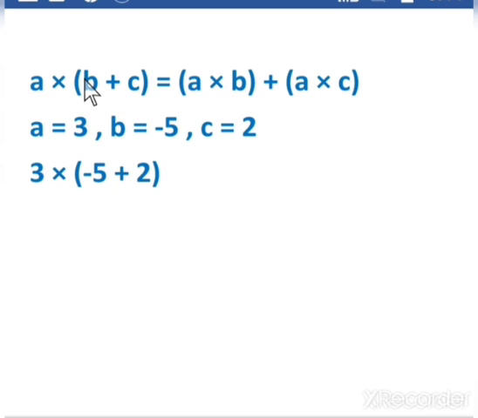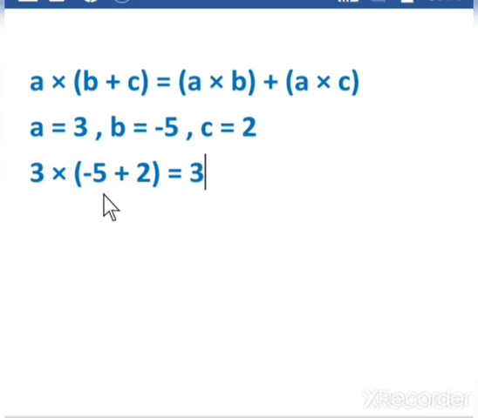First we are going to clear the bracket. Minus 5 plus 2, both numbers have different signs, so we're going to subtract these numbers. If we subtract these numbers, what is the answer? Yes, minus 3, because the greater number has a minus sign, so the answer should be minus.